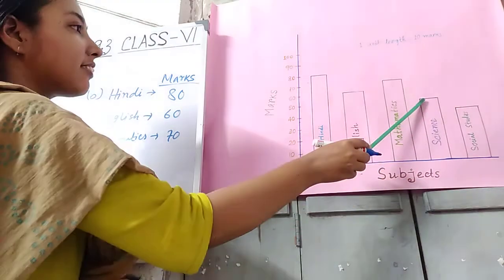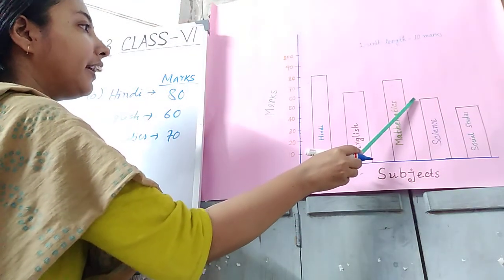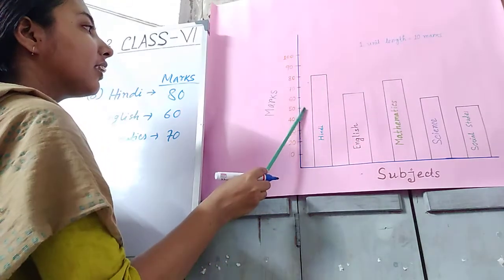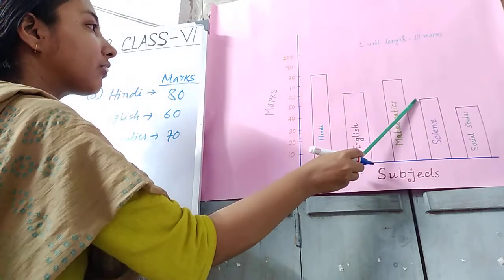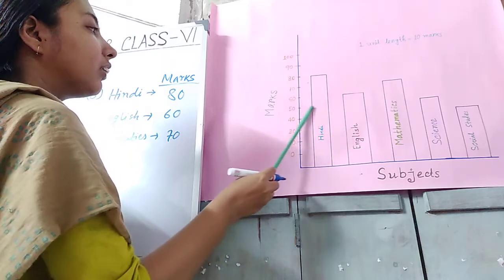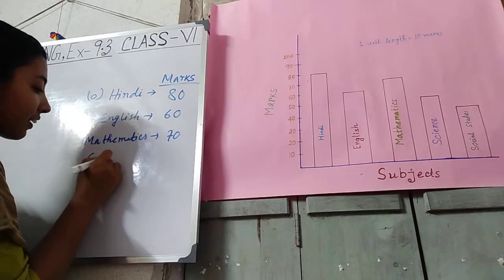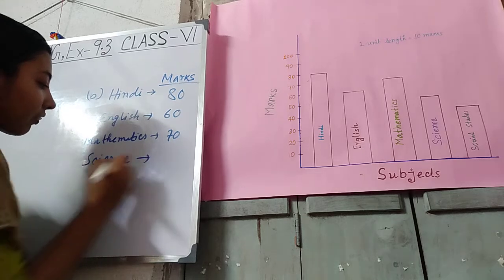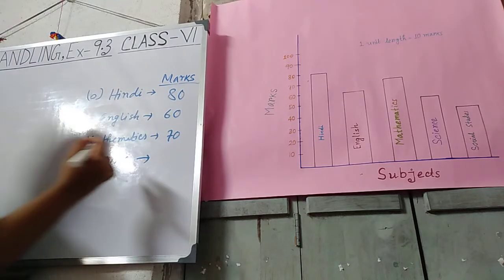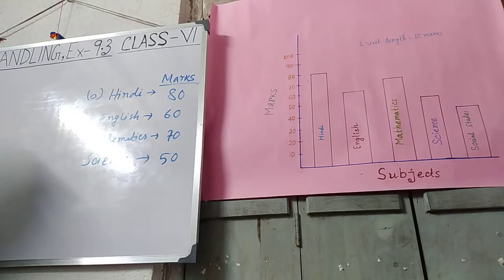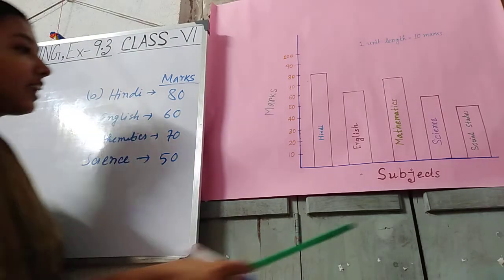After that, science. In science marks obtained by Aziz in science, it touches at 50. So in science Aziz scored 50 marks. Now our last subject, which is social studies.